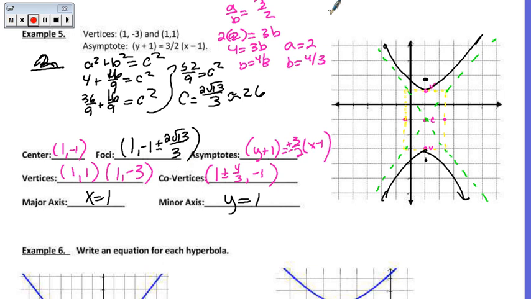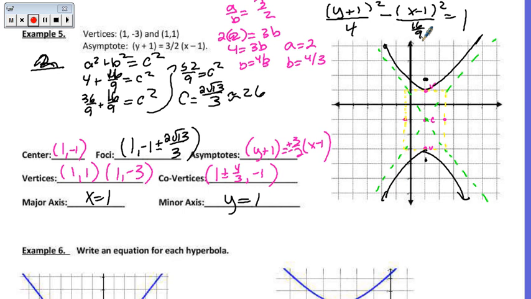All right, so our final equation is going to be y plus 1 squared over 4 minus x minus 1 squared over 16 over 9, set equal to 1. Our a value is 2, so that's going to be 4. And I'm going to be okay with you guys just leaving this at 16 over 9. We don't need to simplify that any further. That was a tricky one.